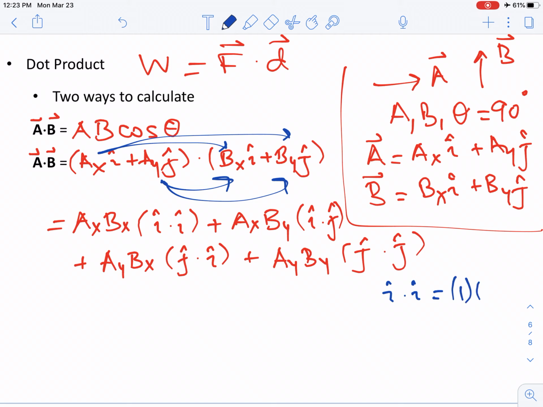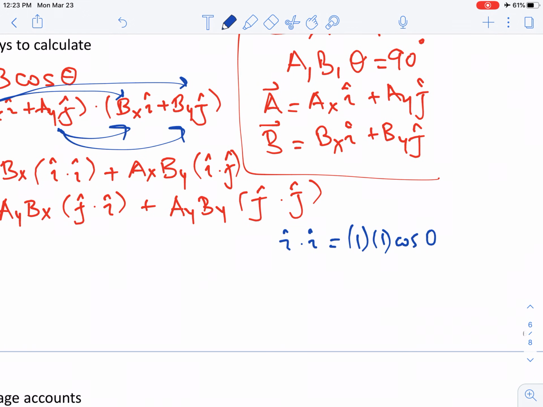That's why we say unit, right? And both of them have a magnitude of 1. And cosine, what is the angle between them? It is simply 0. So cosine 0 is simply positive 1. So you're getting 1.